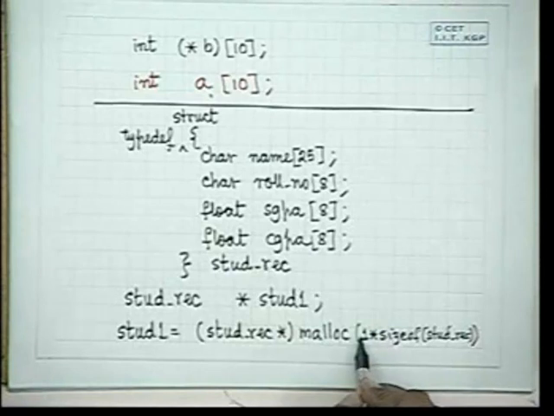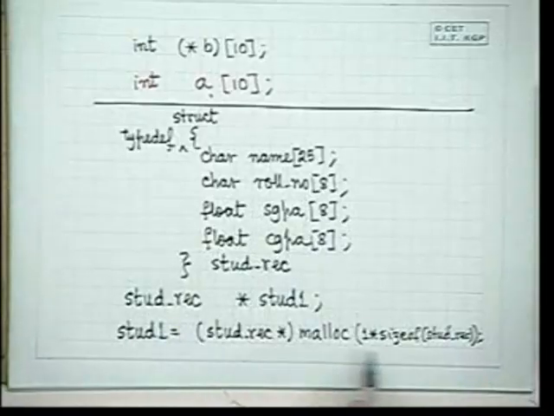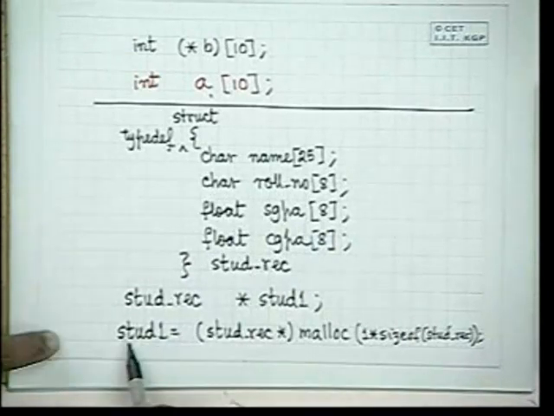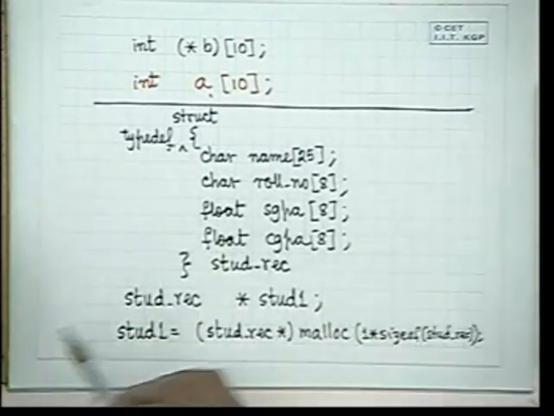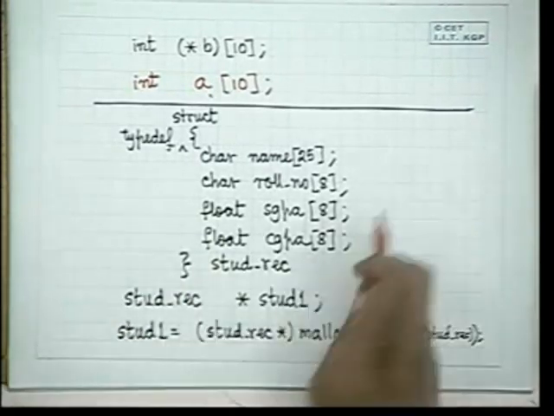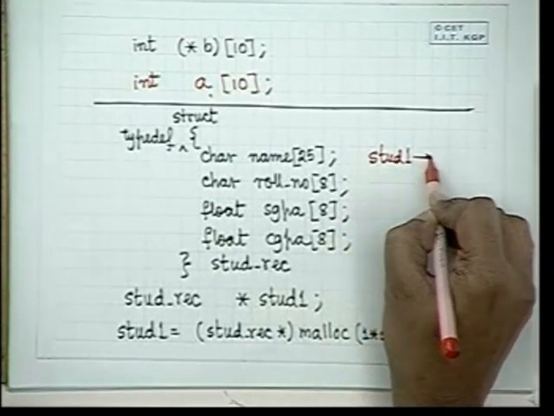If you want 20, you can allocate an array of 20. If you want 30, you can allocate 30 elements, whatever you want. But if you want 1, you can allocate only 1. So this is how we allocate it, but this is now a pointer. So if we want to access the name of this student, we will have to write stud1 pointer name.